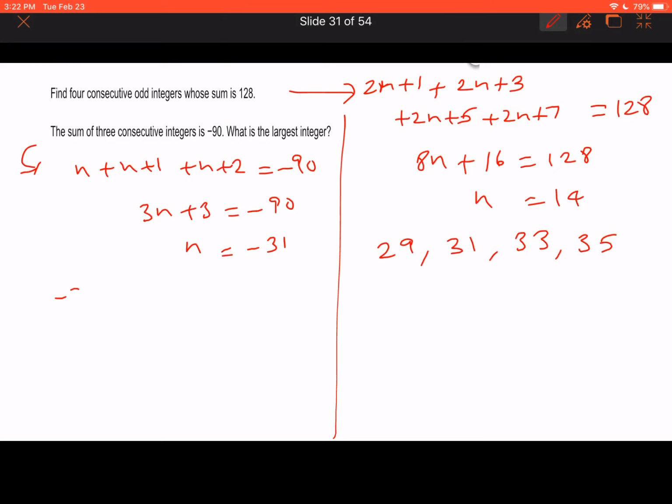So the first number is minus 31, the second number is minus 30, and the third number is minus 29. The question doesn't end by asking what the numbers are. They are asking to find what the largest integer is. With negative numbers, minus 29 is the largest integer.